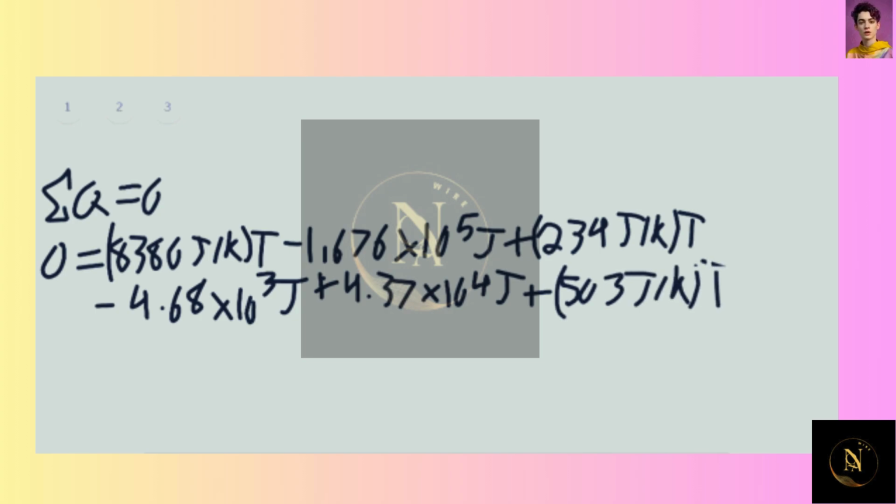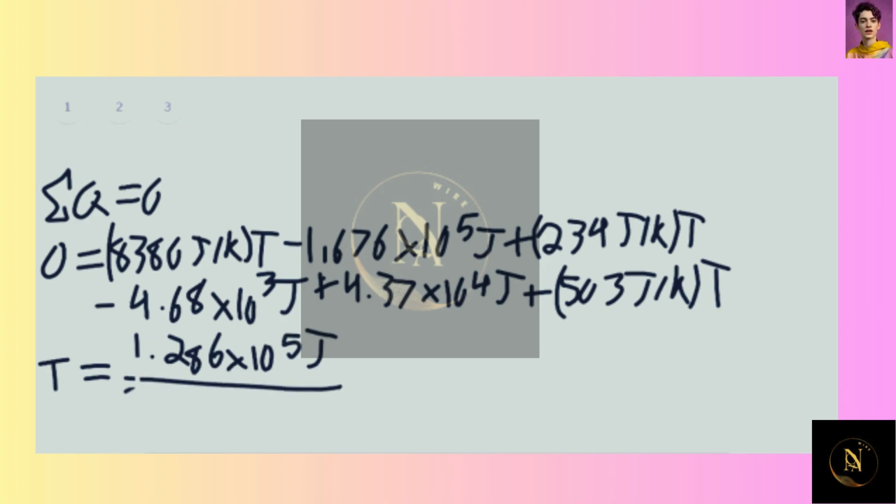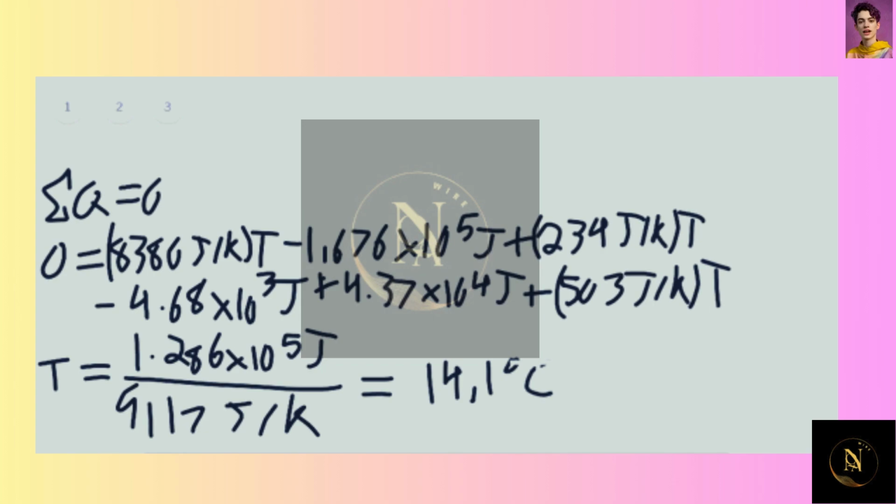Okay, and when you combine like terms and solve for T, you get T equals 1.286 times 10 to the 5th joules over 9,117 joules per K. Joules cancel, left with Kelvin, and we get 14.1 degrees Celsius.